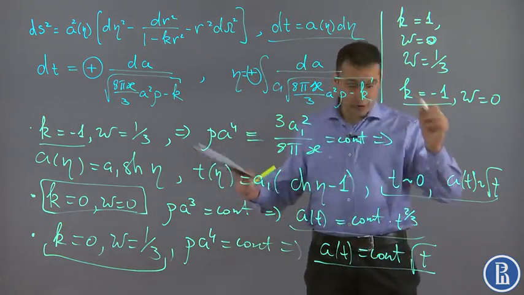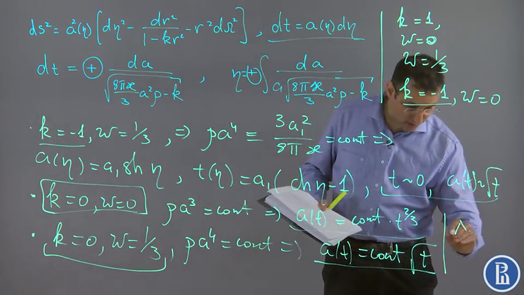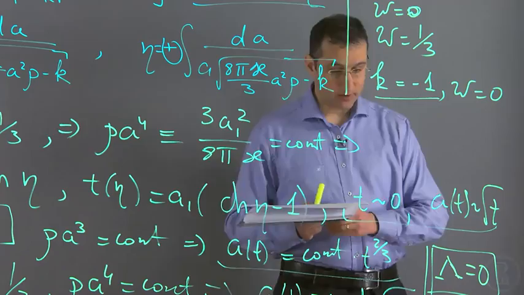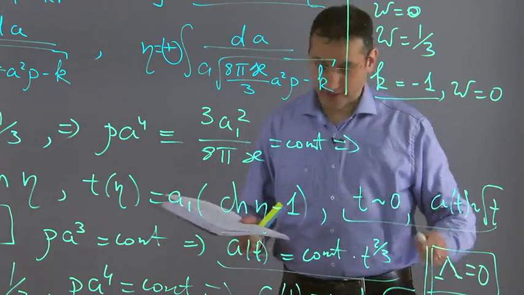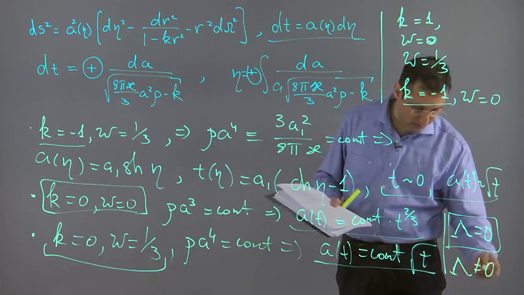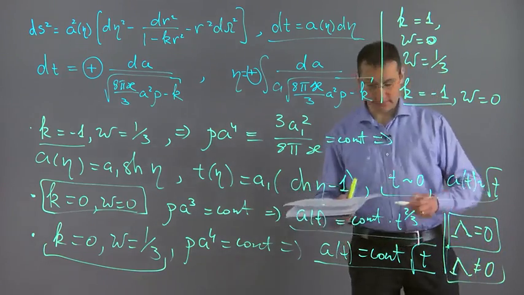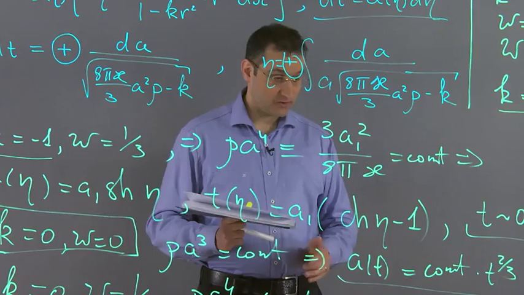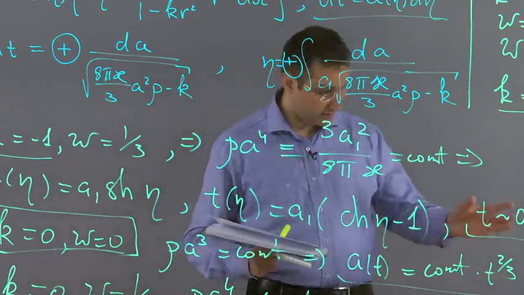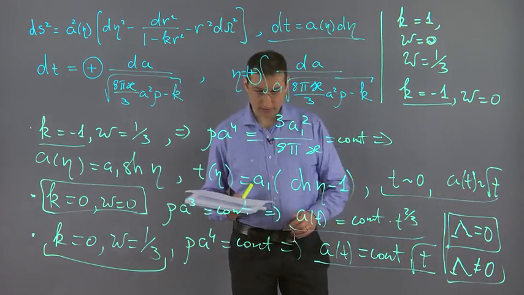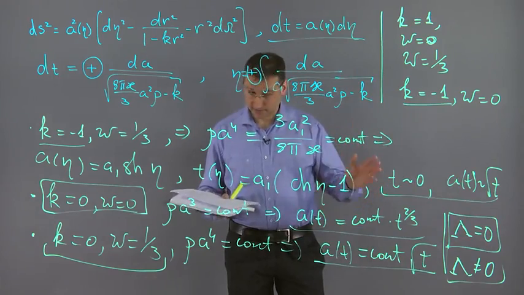Again, in all this lecture, we have assumed that lambda, the cosmological constant, is 0, while inflationary expansion corresponds to the case when lambda is not equal to 0, and that situation will be described in the next lecture, not in this one. So this inflationary expansion is important to describe our present universe.